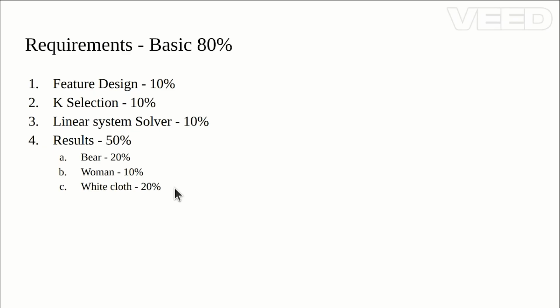And the most difficult one is the white coat, because you need to differentiate it from the white wall. It's all the same color, so it's a little bit harder.